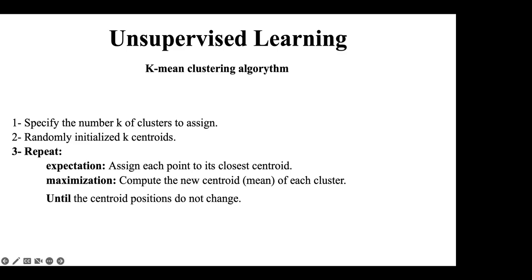If you wanted to prove this one mathematically, it would be 3 or 4 pages of mathematics and algebra. I have done it once when I was studying, but then I was confident that it's true, it's working. So first, for k-means clustering, we need to specify the number of clusters we are assigning.